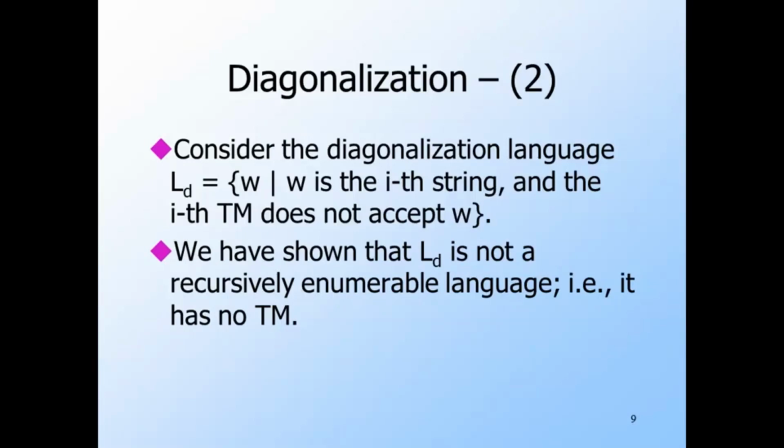Note, however, that L sub D is a delicate language. We know what it is, but we can't, for example, always tell whether a given binary string w is in L sub D. To do so, we can figure out the i such that w is the ith string. That's the easy part. Then we can write down the code for the ith Turing machine. In fact, that code is w.